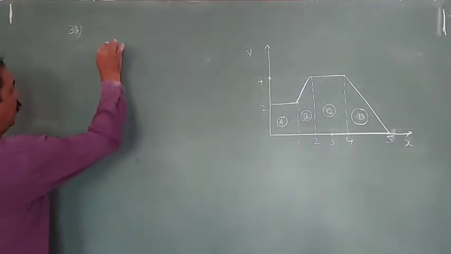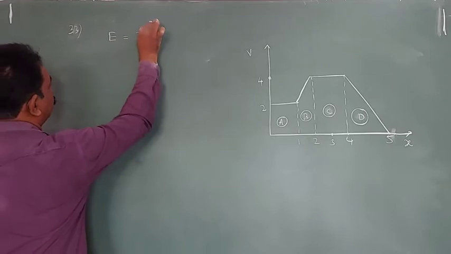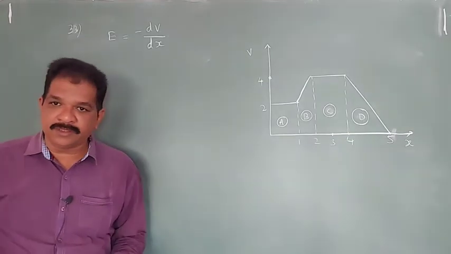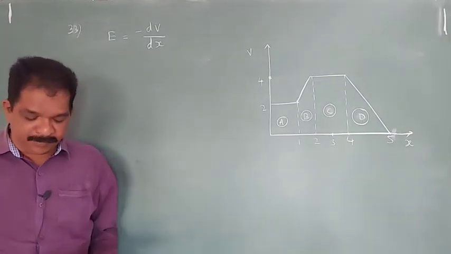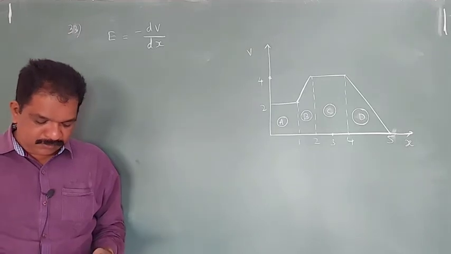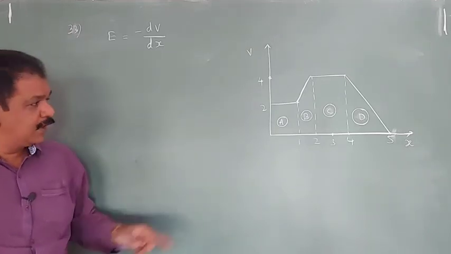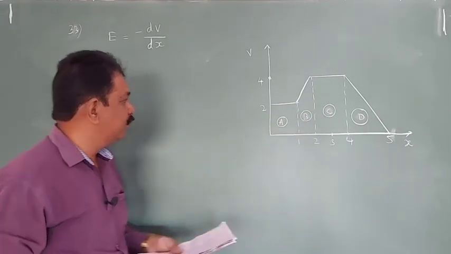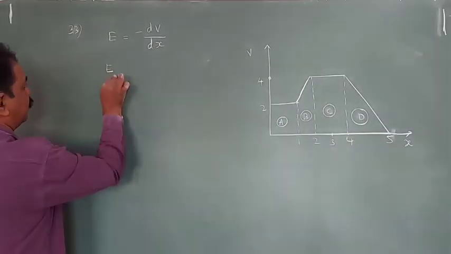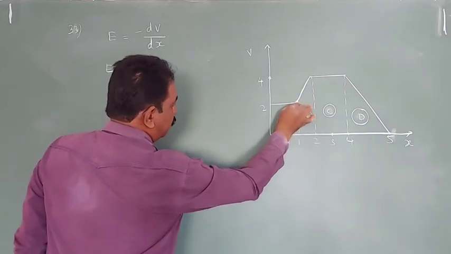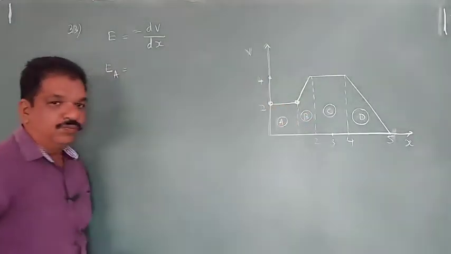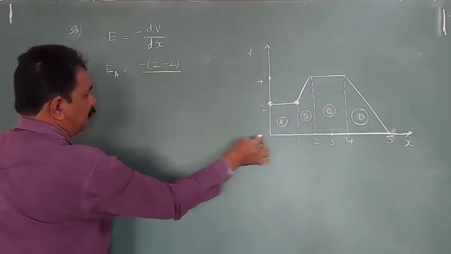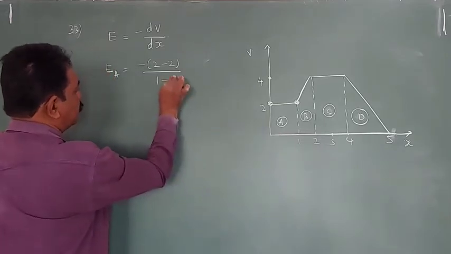Actually, E is equal to minus dV by dx. This is the formula. If you observe for A and C, there is no change in the potential. EA is equal to what will happen here? Here 2, here also 2. Change in the potential will be 2 minus 2 by this distance 1 minus 0.